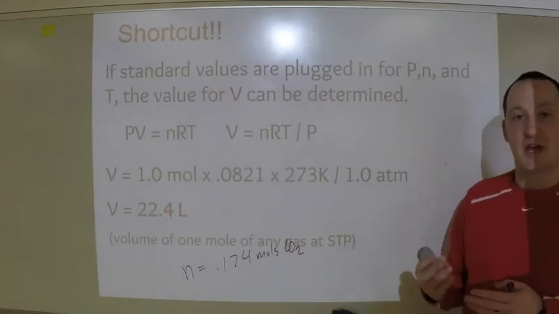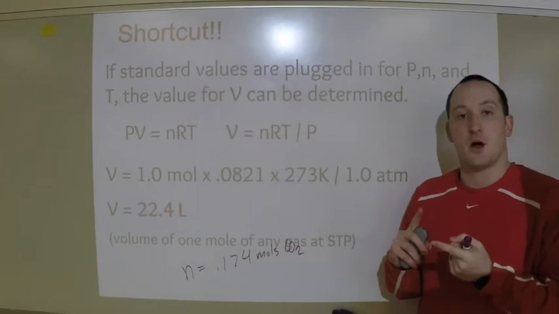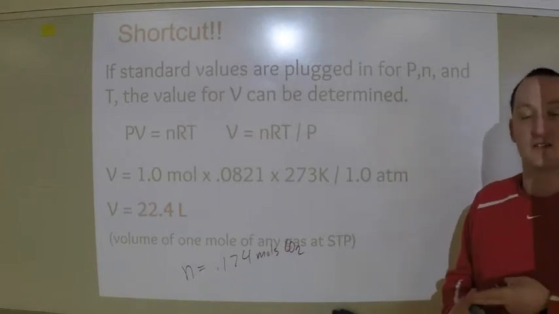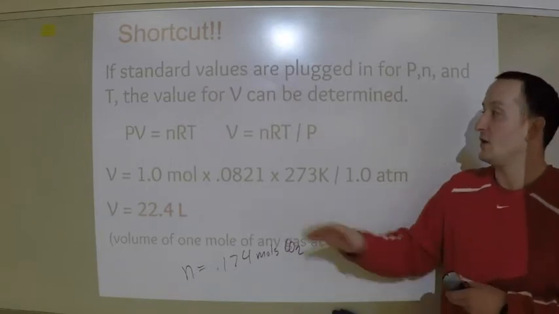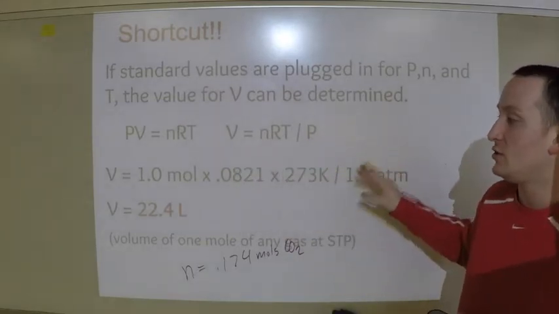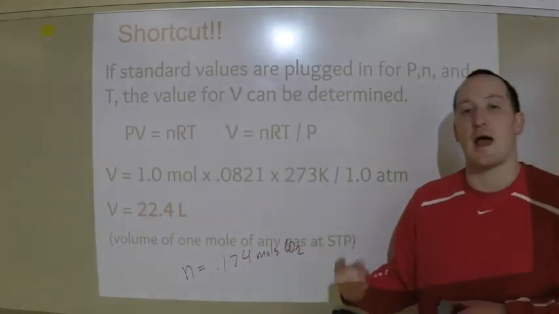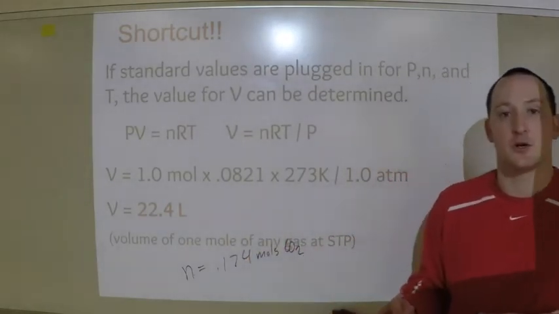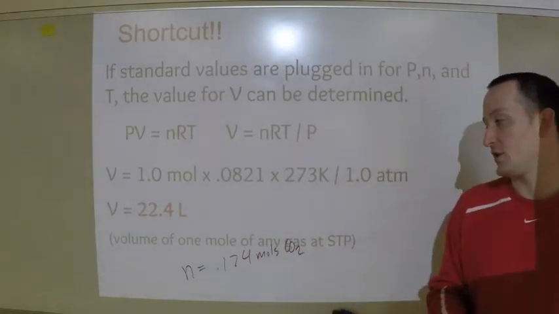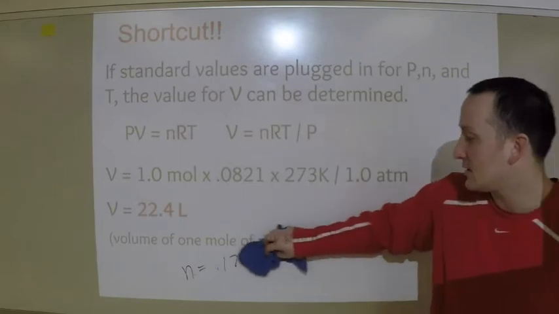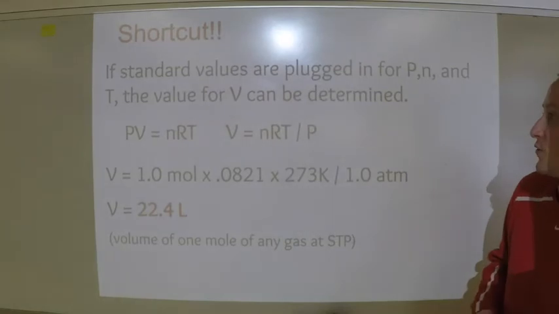If you use standard temperature and pressure, which means a pressure of 1 atmosphere and a temperature of 273 Kelvin, and you plug that into PV equals nRT, you actually get 22.4. So a mole of gas at 1 atmosphere of pressure and 273 Kelvin occupies 22.4 liters. That's how we get that 22.4.